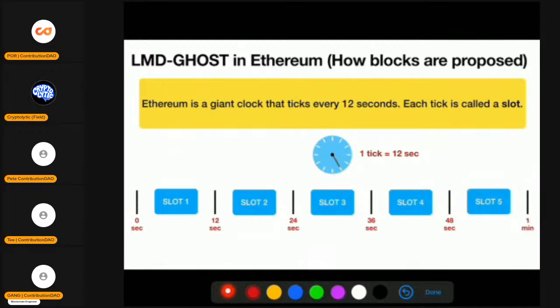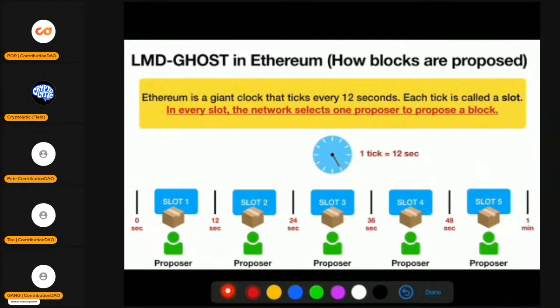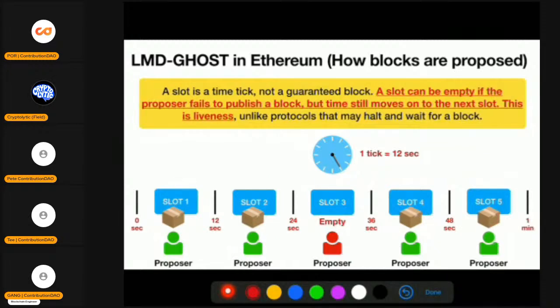And what is a slot? A slot is just a chance for the proposer to propose a block here. So one slot, one block, one slot, one block. But what's special about this slot is that in order to ensure liveness, Ethereum does not care whether the slot is empty or not.